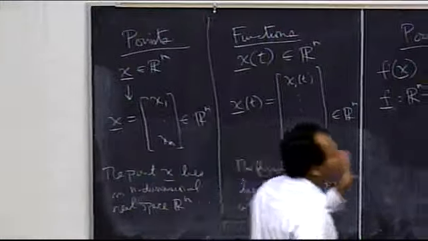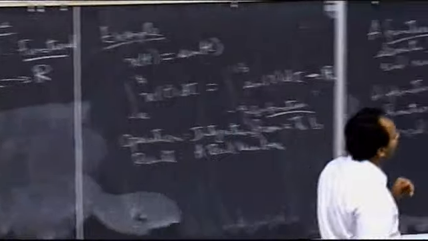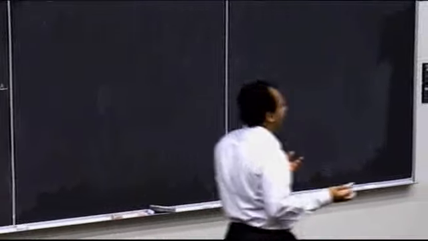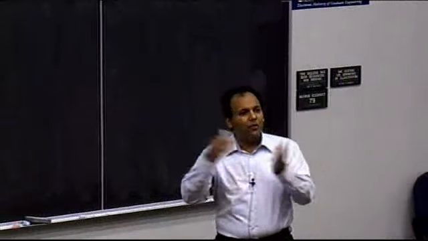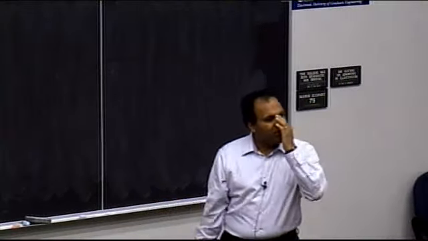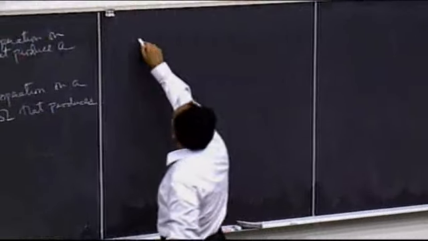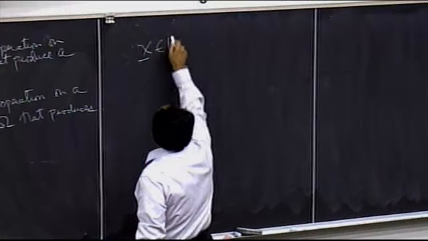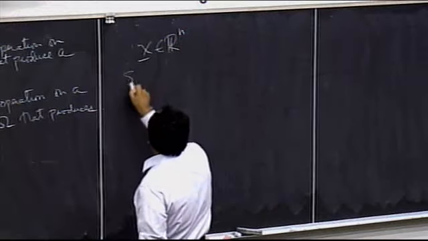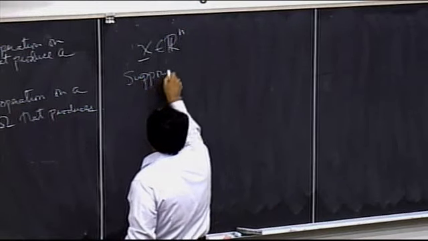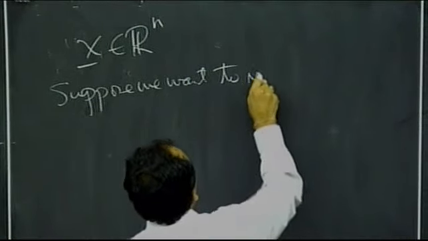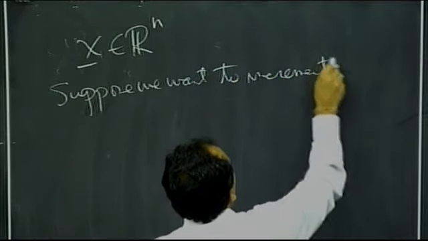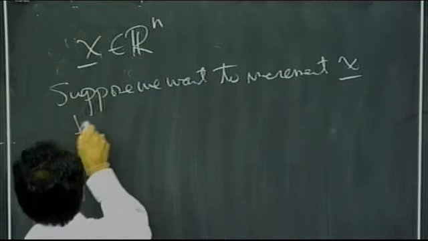So now, given this setup, we have to have a way of dealing with the next construct, which is: what does it mean to change a function? You know what it means to change a point. If I have a point, let's say x, which is an element of R^n, suppose we want to increment x by some amount.